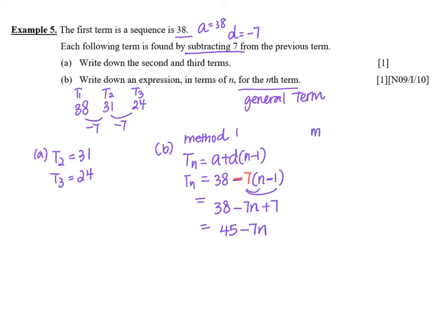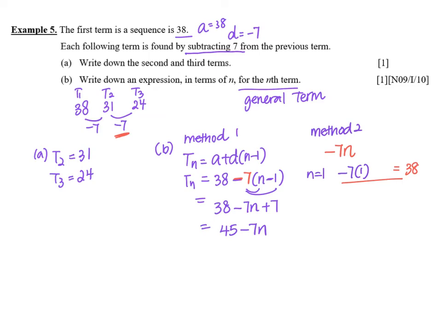Method number 2. Method 2 says that if I'm subtracting a difference, I'll start off with negative 7n. Now when it's the first term, n equals 1, I get negative 7 times 1. What do I do to this number in order to get 38? Minus 7 plus what will give you 38?